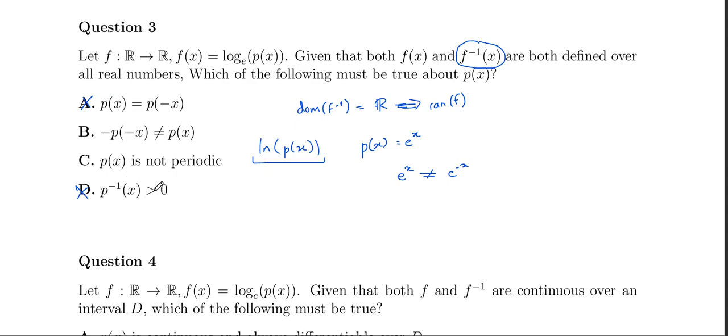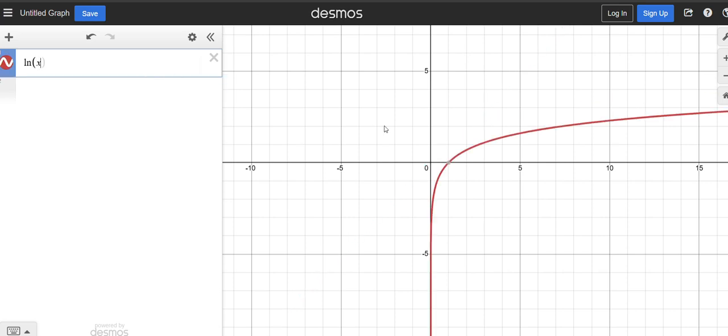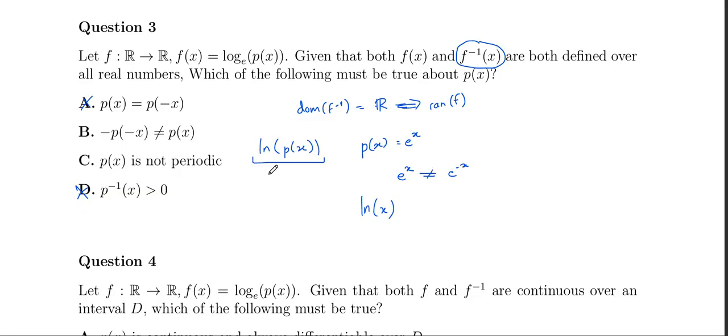And then the same with D over here. So p to the negative 1 of x is greater than 0. p to the negative 1 of x would be ln x, and graphing ln x, you can see from 0 to 1 it's below the x-axis, so it's not always greater than 0, so not D. And then for C, if p of x is periodic, so let's say it equals sine of x or something, then the natural log of sine of x is also periodic.